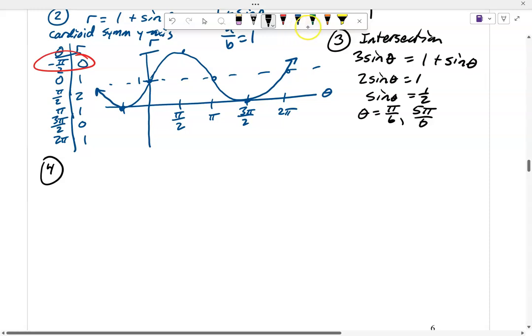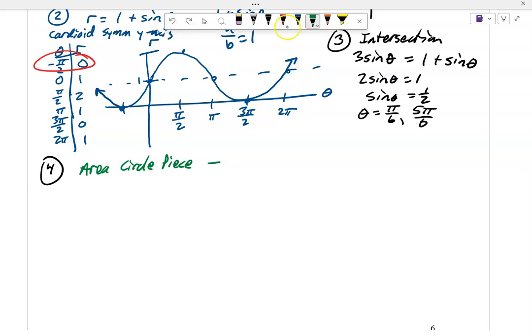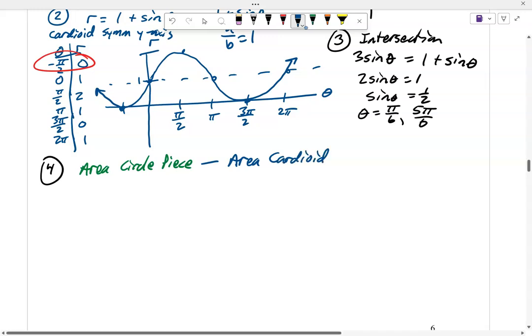And the plan is I'm going to do area of the circle piece, subtract out area of the cardioid piece.